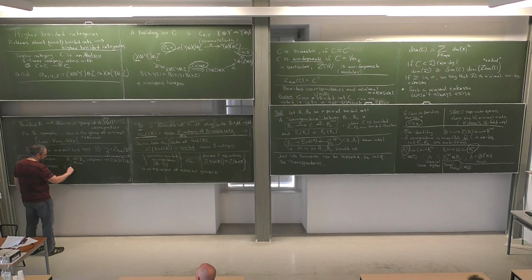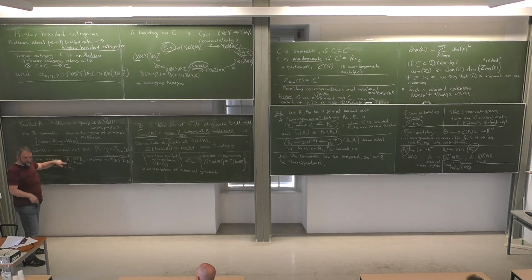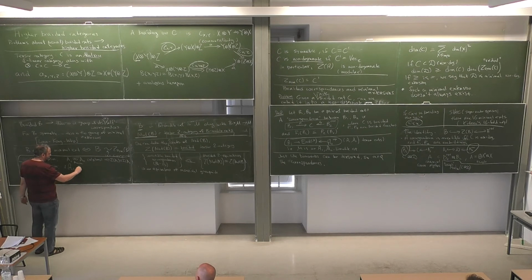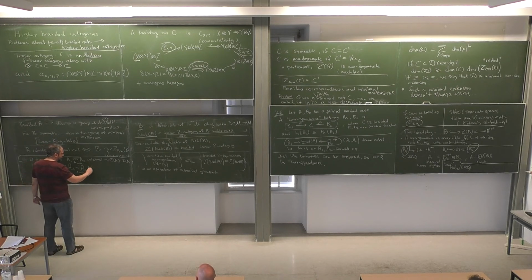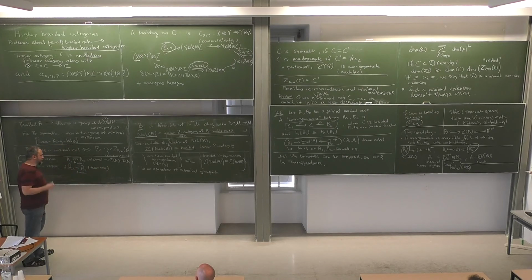In my notation, curly A stands for a category and the normal A stands for an algebra. So if curly A1, A2 are Morita equivalent finite tensor categories, meaning there is an invertible bimodule between them, then their Drinfeld centers, Z(A1) and Z(A2), are equivalent as braided categories.